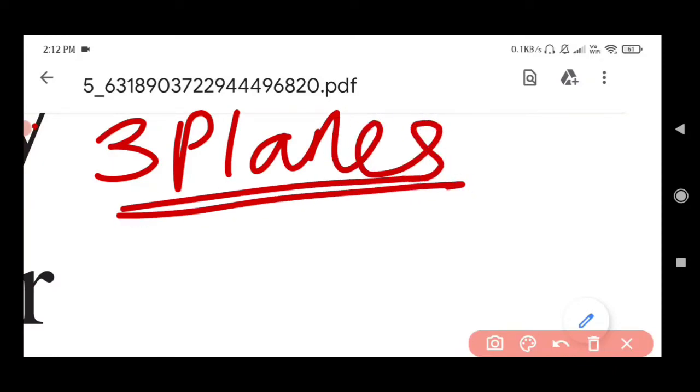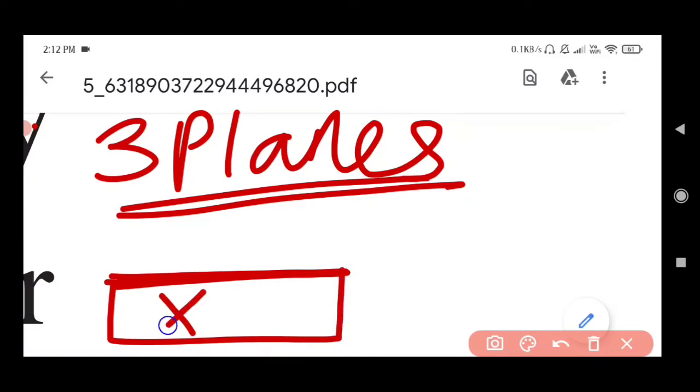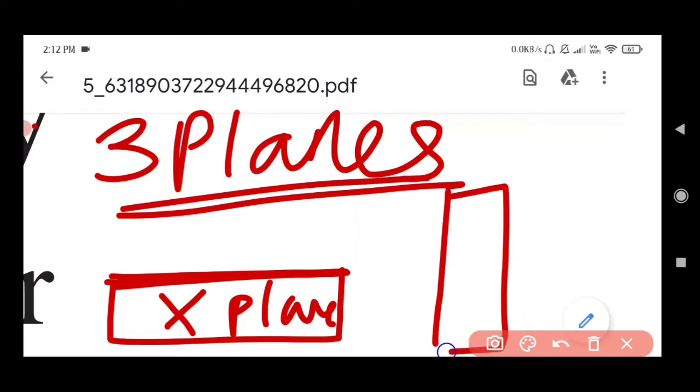The first plane is your x plane, that is horizontal. This horizontal plane is called the x plane. One is called the y plane, that is vertical, the vertical y plane. And the other plane is like this, cross. This is called the z plane.